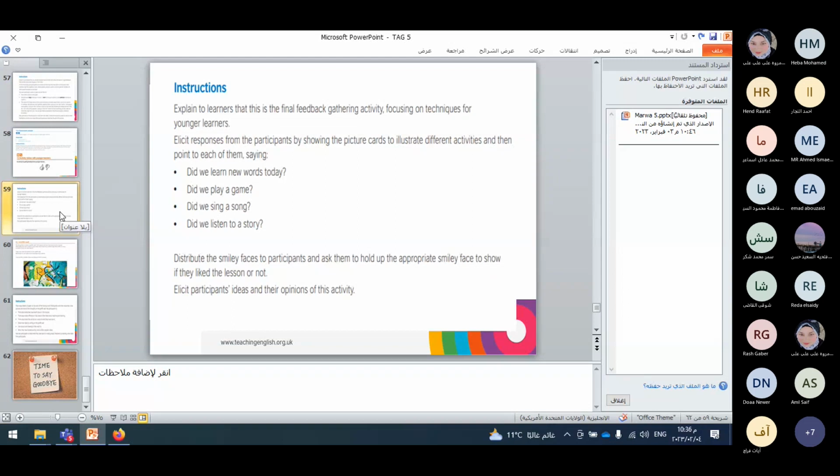If at the end of the unit they remember the vocabulary or the values, they draw smiley faces, or sad faces if they don't remember the vocabulary they have taken in the previous lessons. It's already in primary, just in primary one. Excellent. Yes, this is particularly for young learners.